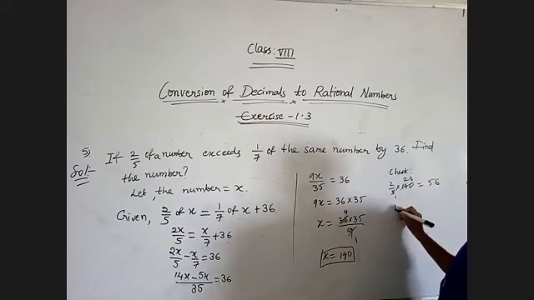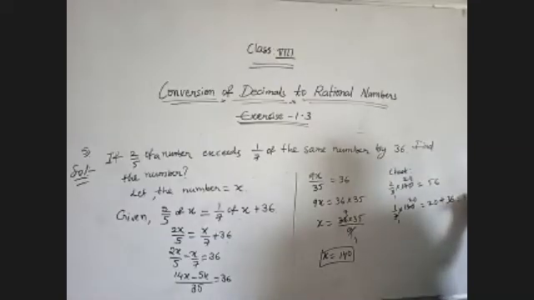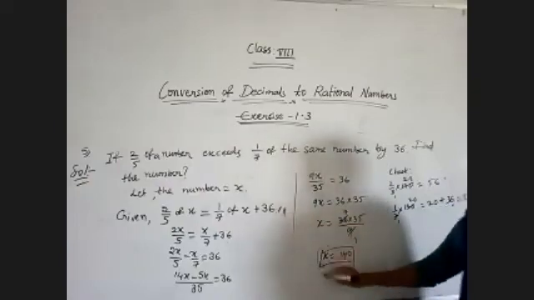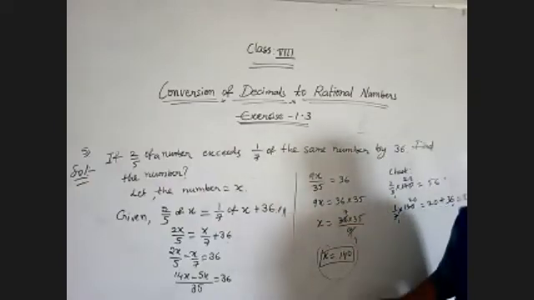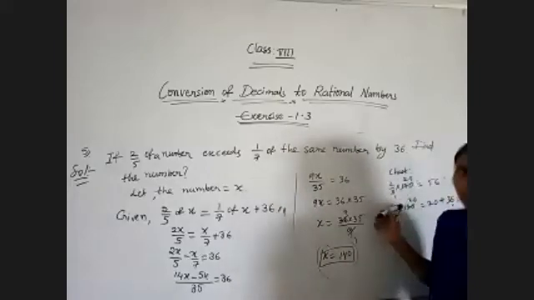Now coming to 1/7 of 140: 1/7 is 20, and 20 plus 36 is equal to 56. So both are correct. Whatever statement is given, that is true for x equal to 140. Means the equation we got is correct. So whether it is correct or not, we can check this way also.